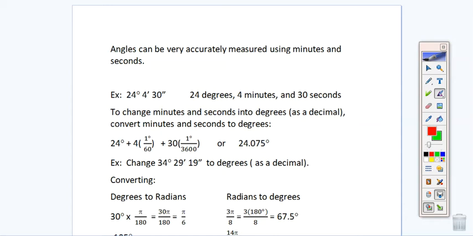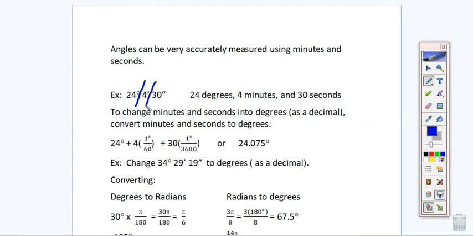Now, right here it says the following. It says to change minutes and seconds into what, kids? Degrees, okay? As a decimal, it says the following. Convert minutes and seconds to what? Okay, here's how you do this. First of all, I'm going to chunk this up a little bit, okay? So I'm going to kind of divide all this up here. You have 24 degrees, 4 minutes, 30 seconds.